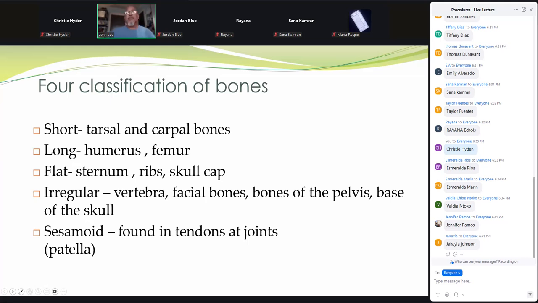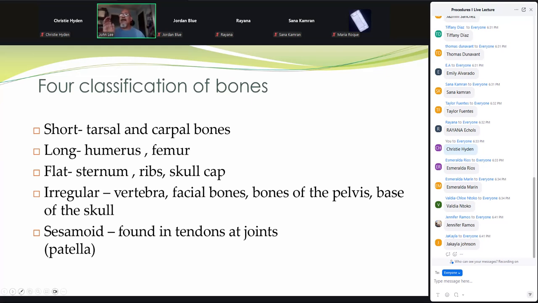Classifications of our bones. Short bones are the tarsals and carpal bones. Long bones include humerus, femur, tibia, fibula, radius, ulna. Flat bones include the sternum, ribs, and the skull cap. So flat bones are not necessarily flat all the way through.